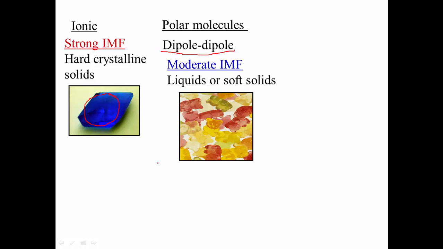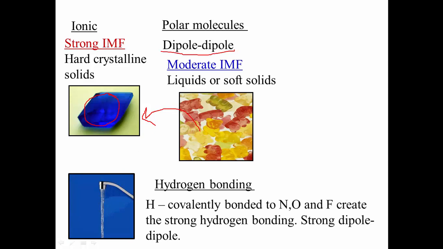You don't know for sure, but you're certainly not going to predict that gummy bears are ionic. Within your dipole-dipole, you do have the unique hydrogen bonding where you have covalently bonded hydrogen. So you don't want to get carried away and think that hydrogen bonding is stronger than everything. It's not. Okay?